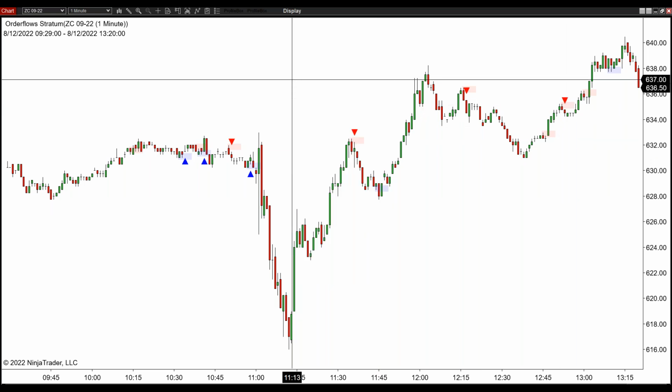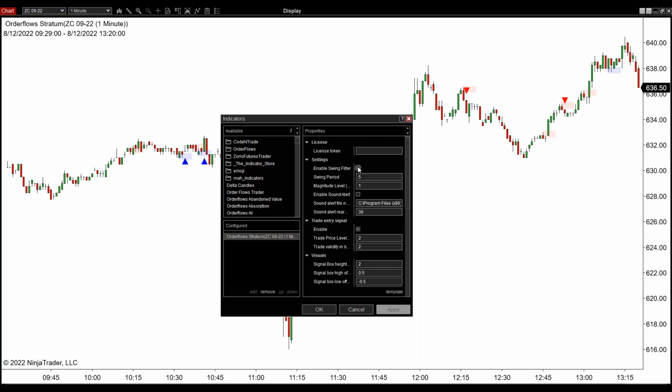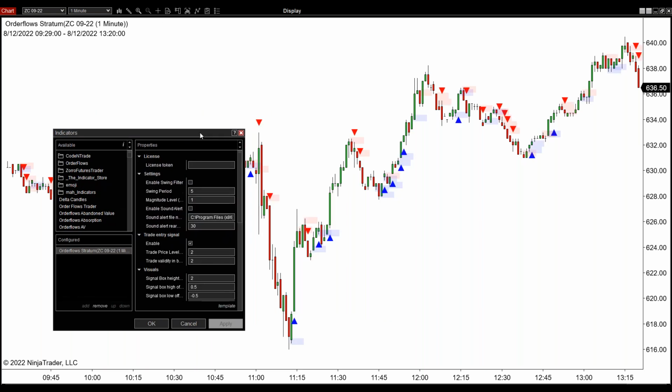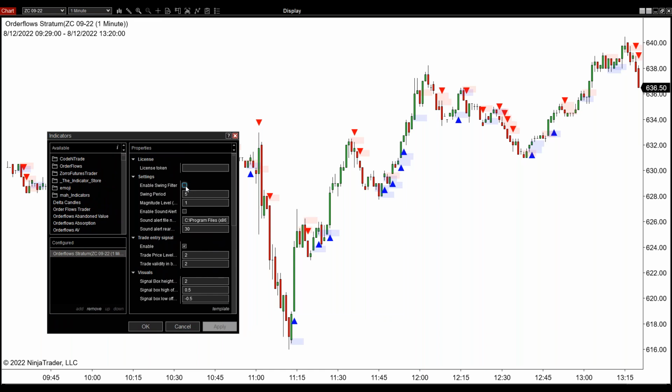If you don't want to use a swing filter, you just disable it. Okay, like this. Just uncheck that box, right? So you're going to see a lot more signals. Maybe you want to filter out some trades, but not too many. Swing filter of 5 is looking for a bigger swing high or swing low.